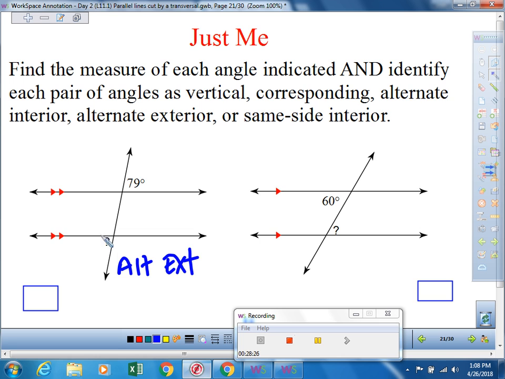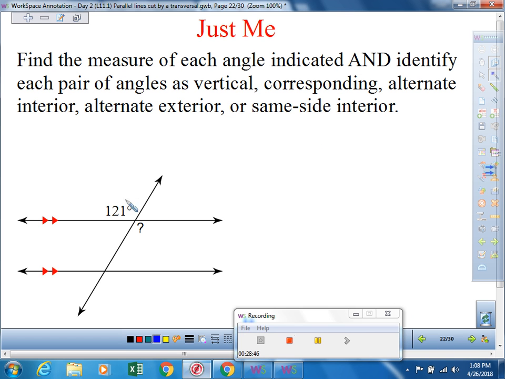So if this is 79, what is this? 79. Okay? These are both interior. They're alternate interior. Alternate interior angles are congruent. If this is 60, what's this? 60. Okay? These, one's in the exterior, one's in the interior. So they share a vertex, so they are vertical.